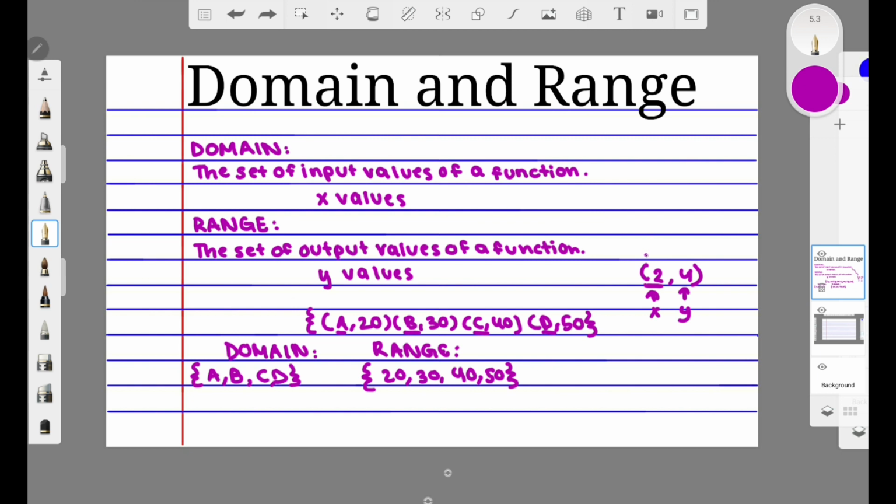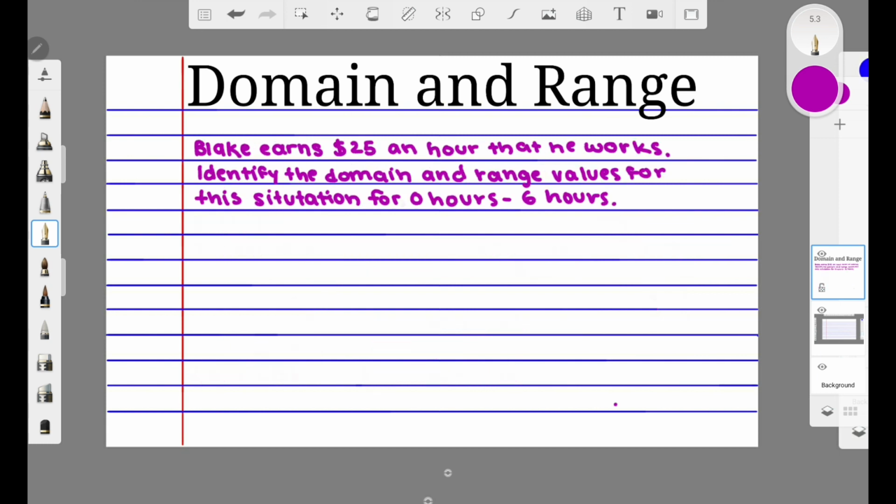So it's an easy way to identify whether the value is an input, the domain, or an output, the range.